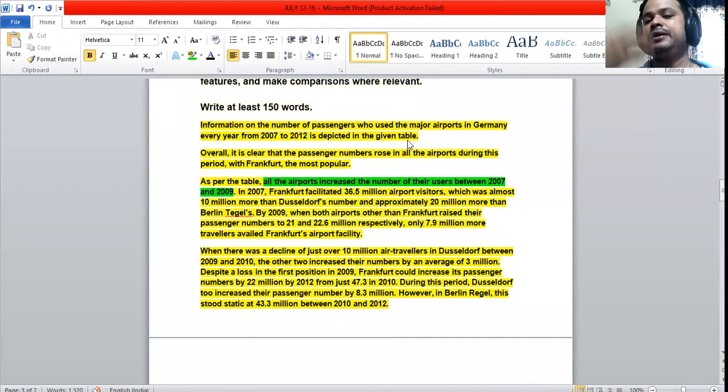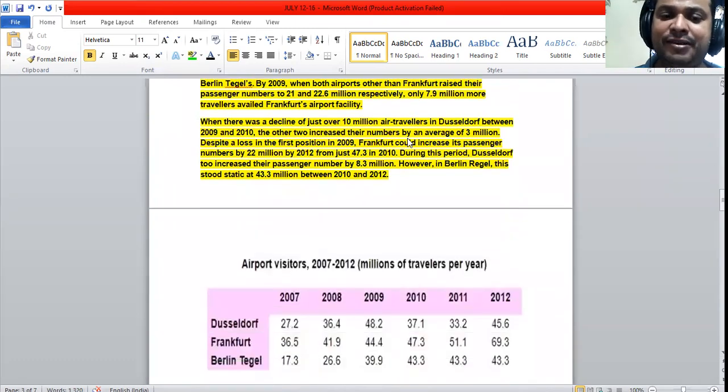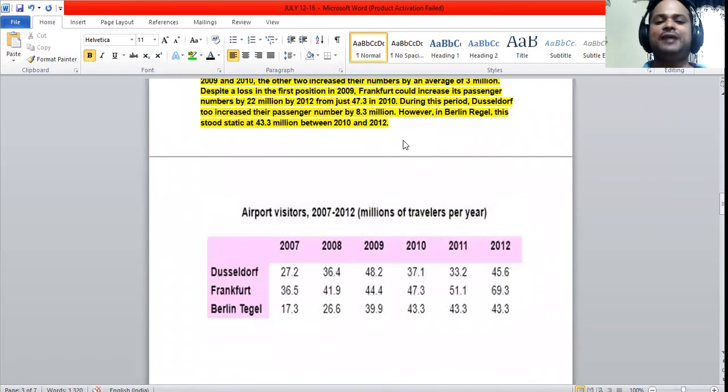You can include it in the first paragraph or second paragraph, so that it would look like a perfect academic task one. It will be addressing all parts of the task too. So it will be easy for you to manage everything within this 20 minutes of time.